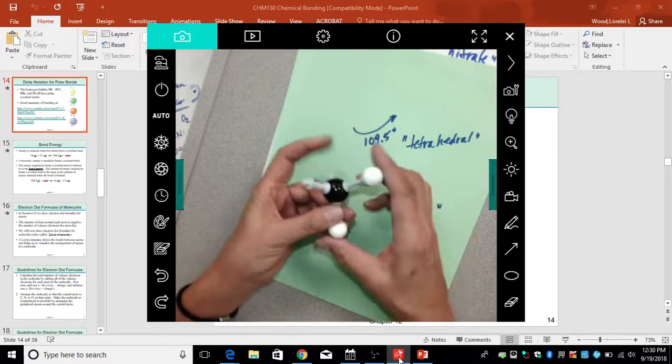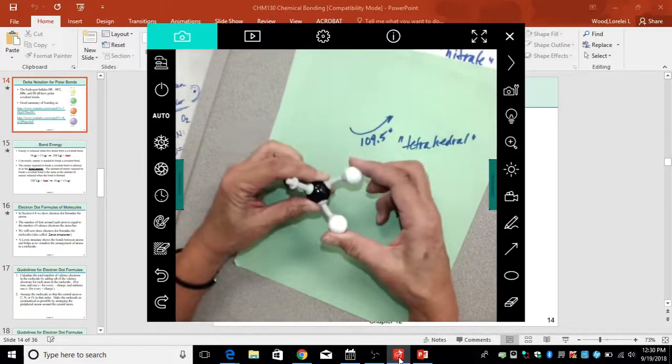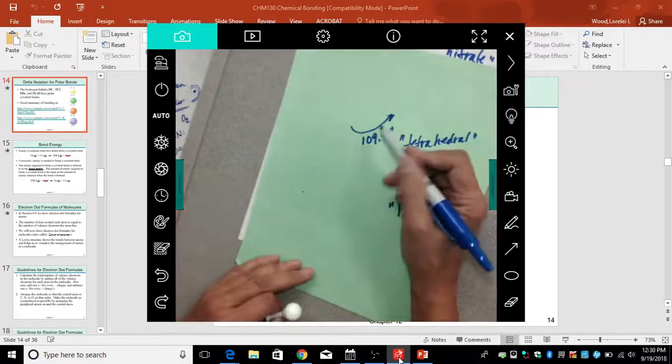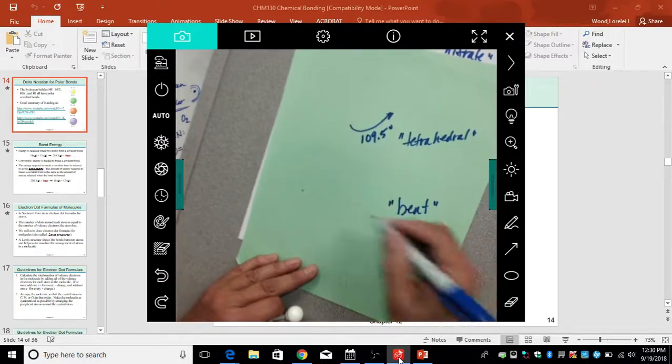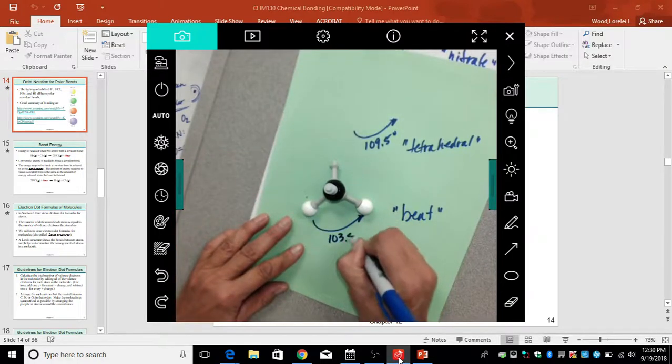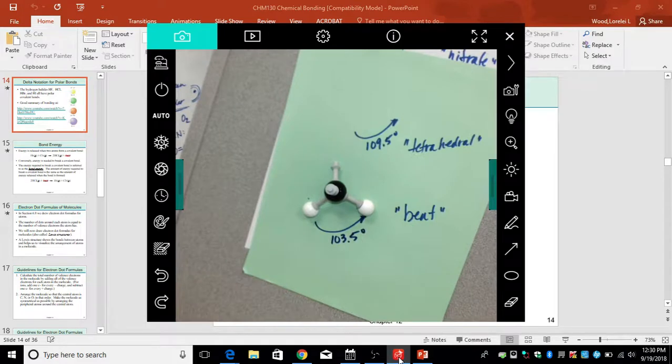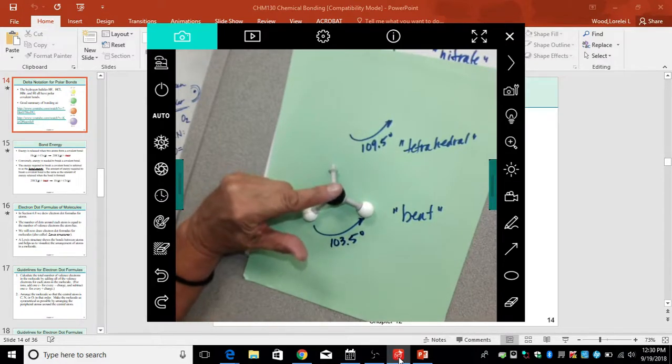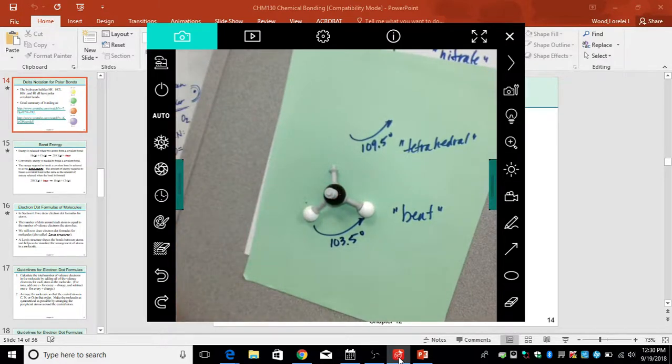It takes these two and pushes them even closer. So instead of 109.5 or 107, the bent angle goes down to about 103.5 degrees.